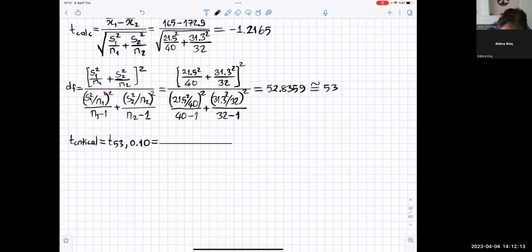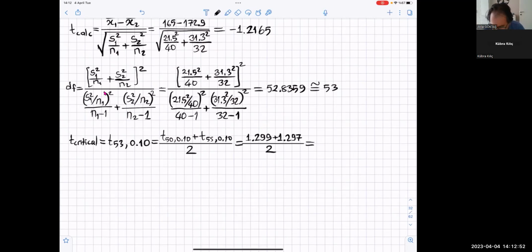So I will use T 50, 0.10 plus T 55, 0.10, and divide this by 2 to approximate the result for T 53. The first one is 1.299 and the other one is 1.297, divided by 2.